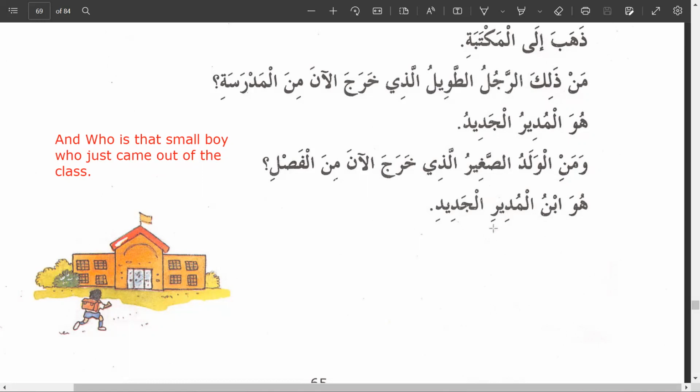Yeah, because there are two reasons for an ism to be in jar status. Either it's an ism majroor or a mudaf ilayh. So as you said, it cannot be jar majroor. Then the next possibility is mudaf ilayh, right? Al-mudiri being a mudaf ilayh. It can be a mudaf ilayh if it is preceded by an ism which is light with no alif lam.